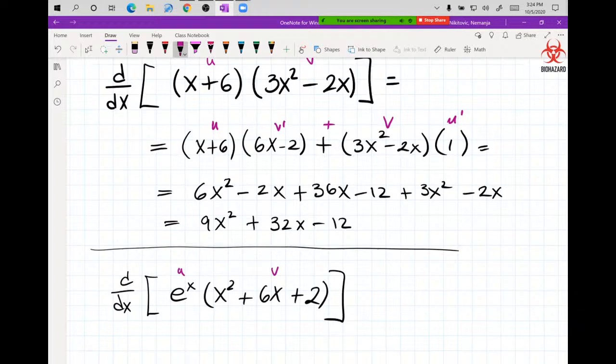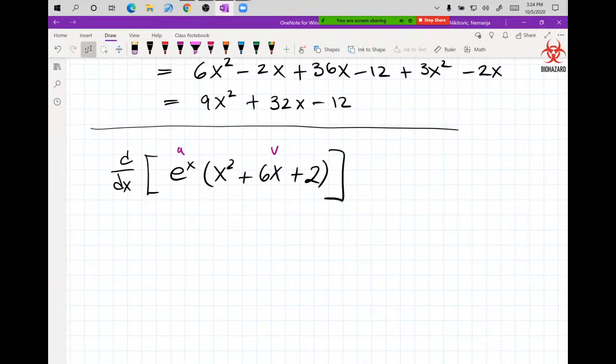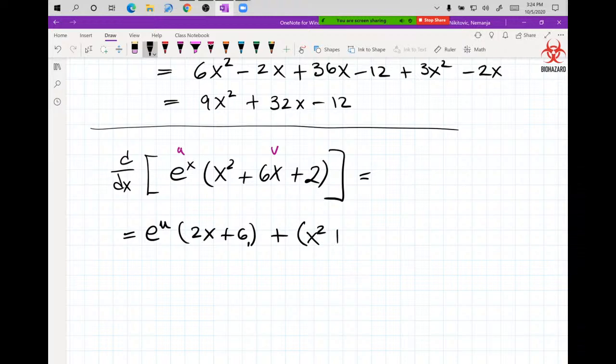Okay, so same deal. Copy the first, derivative of the second, plus copy the second function, times derivative of the first.